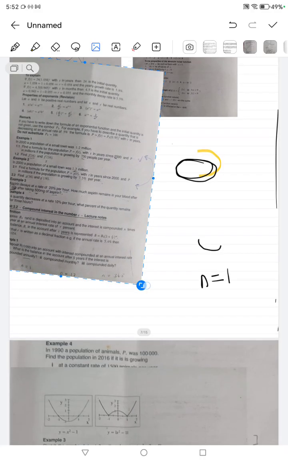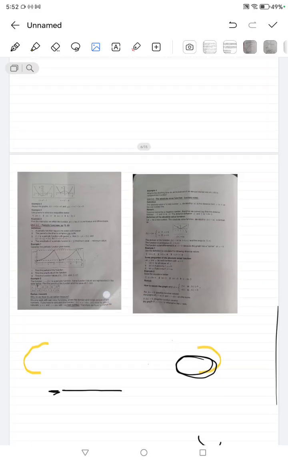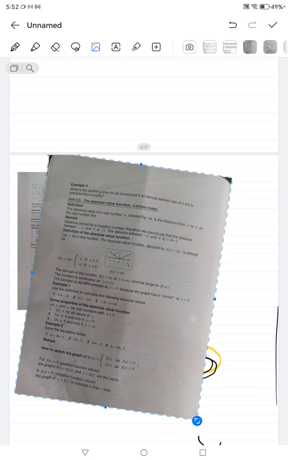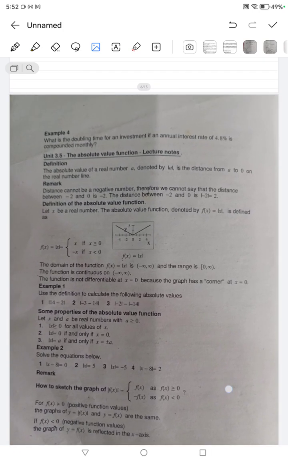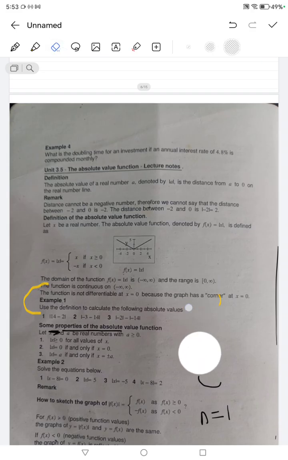And this one, did we do it? Okay, let me remove it. This one, we're still coming. The one that I'm looking for, that's this one. Then we have unit 3.4, but we have another. There's an example that I'm seeing at the top. Where's that thing?